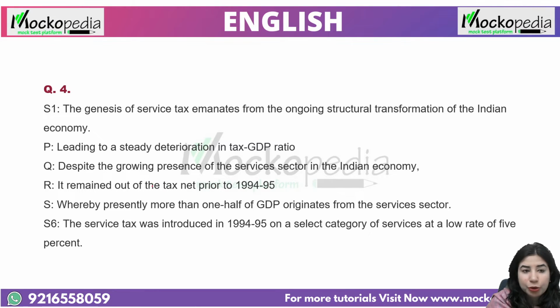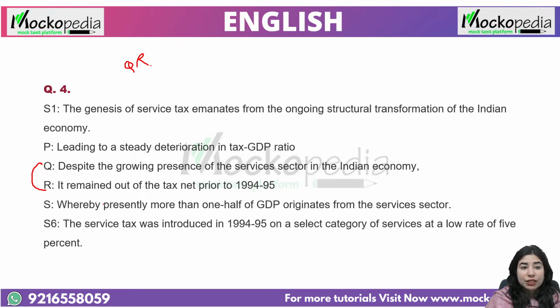So, are you able to see that Q and R is forming a mandatory pair, everybody? Despite the growing presence of the service sector, what happened? So we can very easily conclude that Q and R act as a mandatory pair, whereby presently more than one half of the GDP originates from the service sector.